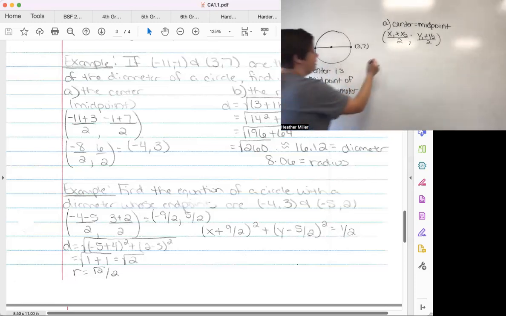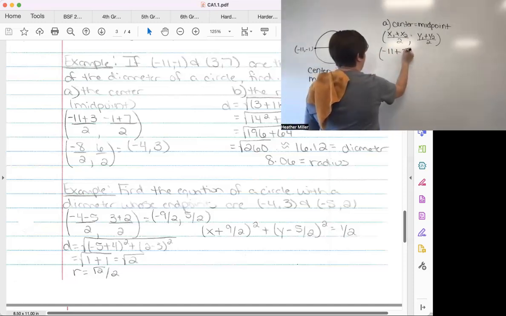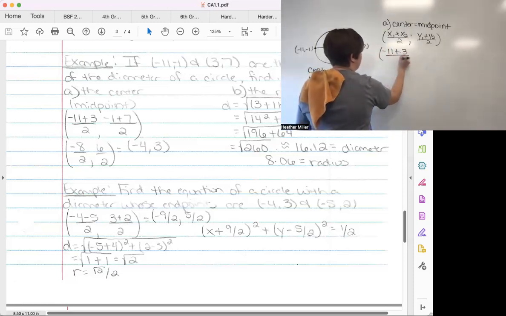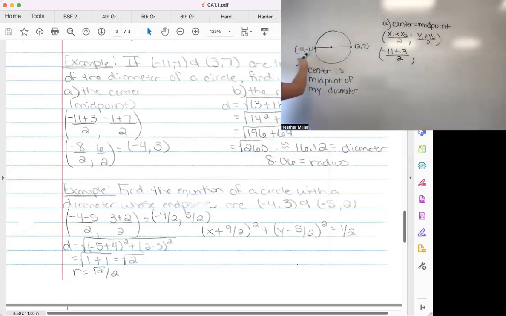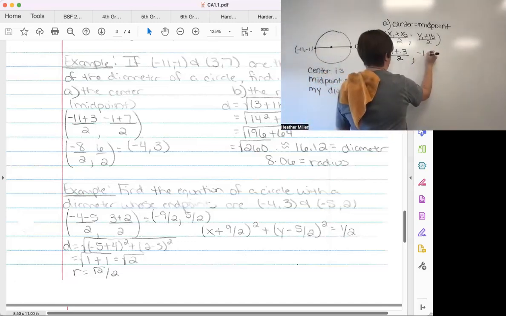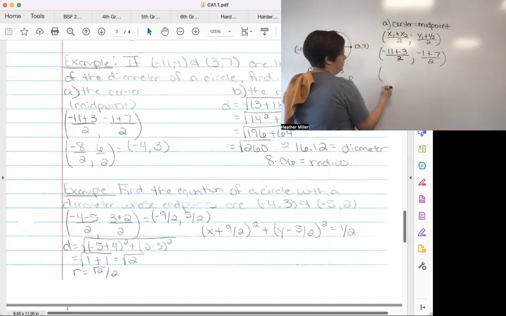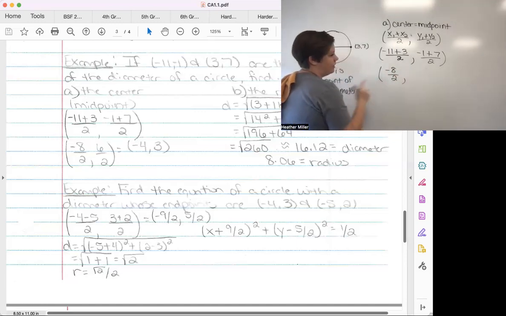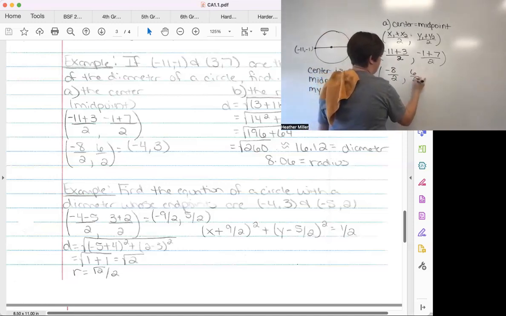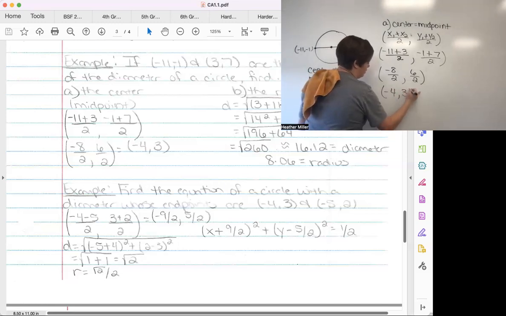So my x1 was -11 plus my x2, which was 3, all over 2, comma, y1, which was -1, plus y2, which was +7, all over 2. So -11 plus 3 would give me -8 over 2, comma, -1 plus 7 would give me +6 over 2. Simplifying that would give me (-4, 3).